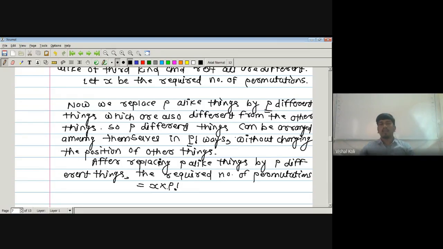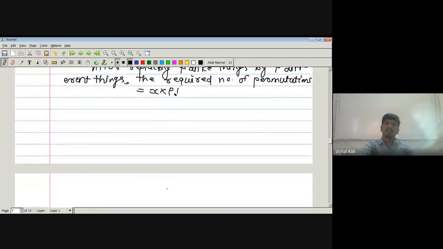So this is obtained when we replace p alike things by p different things. Now we have to replace q alike things by q different things.